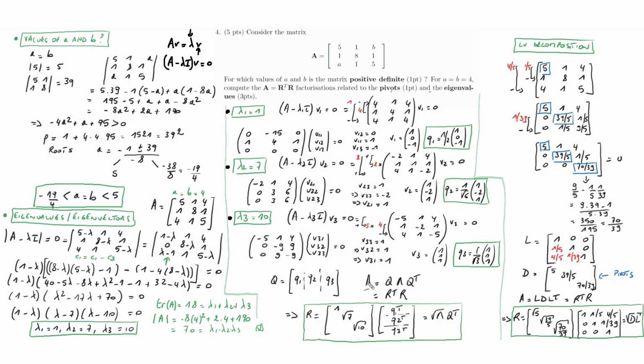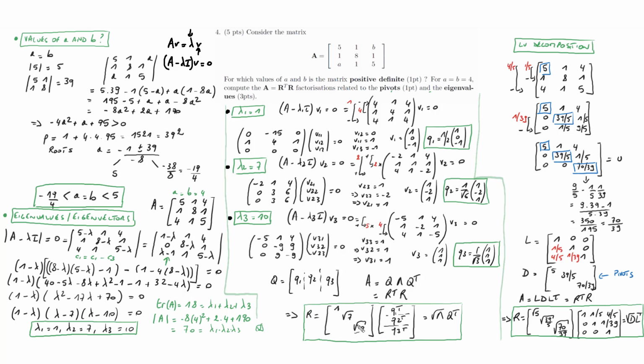As we know that A is Q lambda Q transpose, well, one of these two factorizations, the one related to the eigenvalues, if you set R transpose R, well, you can see here that R will simply be the square root of lambda.